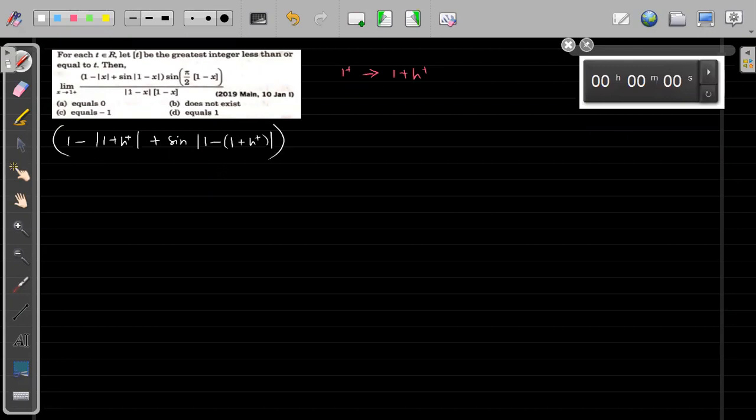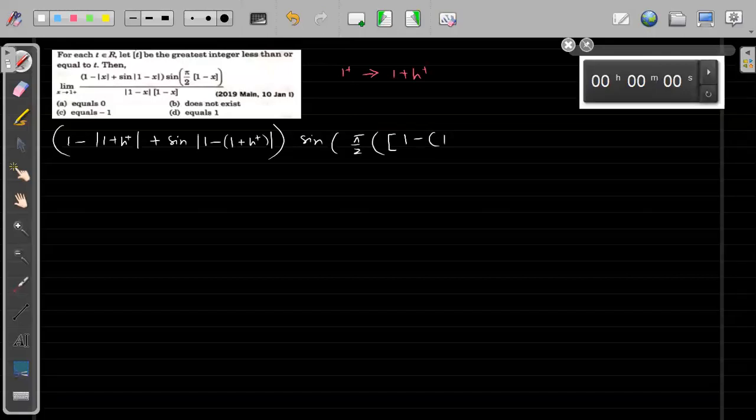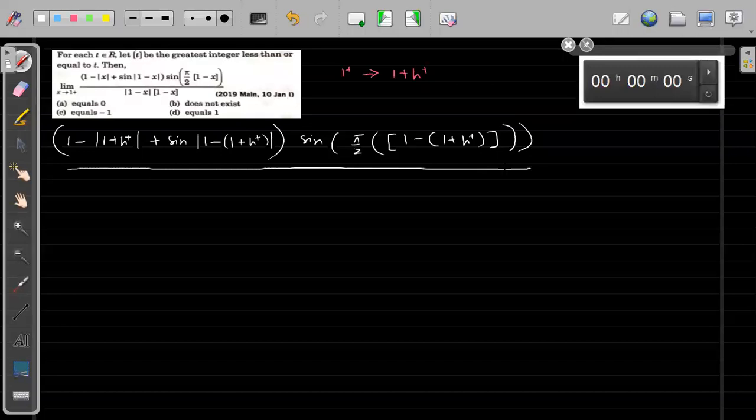This whole thing is multiplied by sine of pi by 2 into greatest integer of 1 minus 1 plus h plus, divided by the whole thing, divided by modulus of 1 minus 1 plus h plus, into greatest integer of 1 minus 1 plus h plus, right.